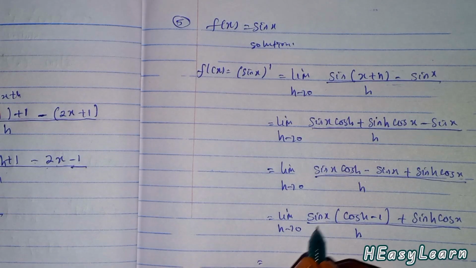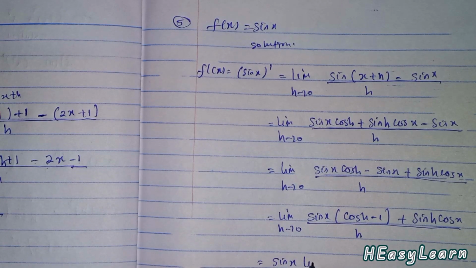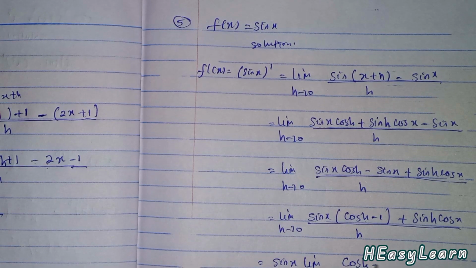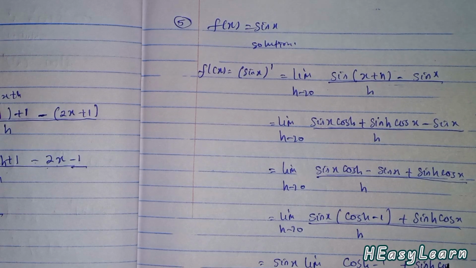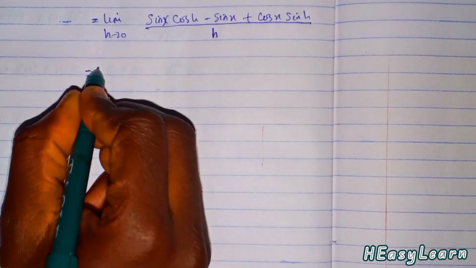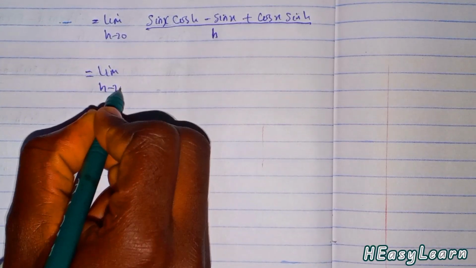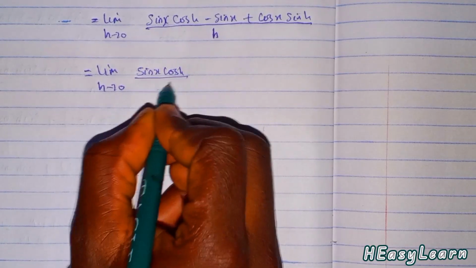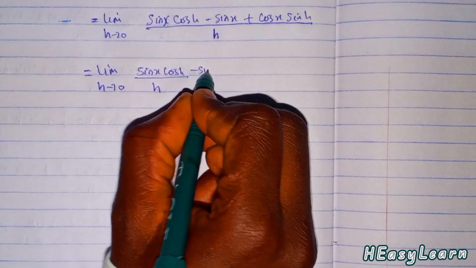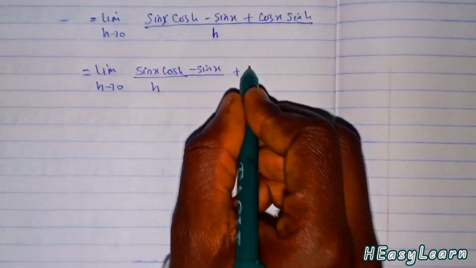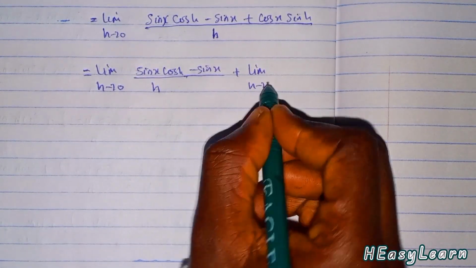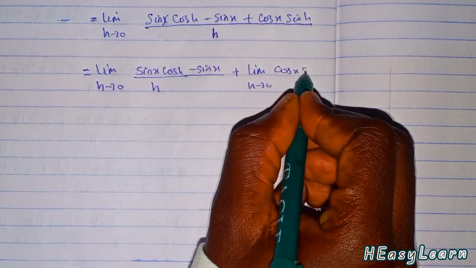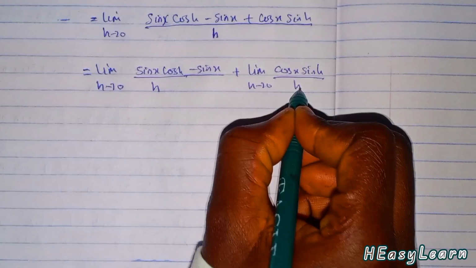There is no h here. Factor sine x out. Limit h approach 0, cos h minus 1 over h plus sine h cos x over h. Limit of sum is sum of limit. Limit h approach 0 of sine x cos h over h minus sine x, plus limit h approach 0 of cos x sine h over h.